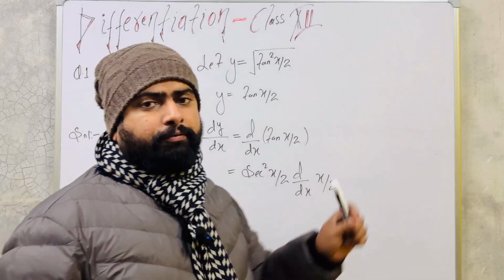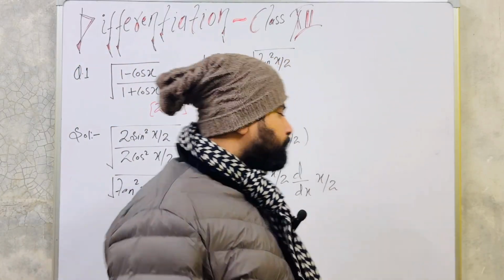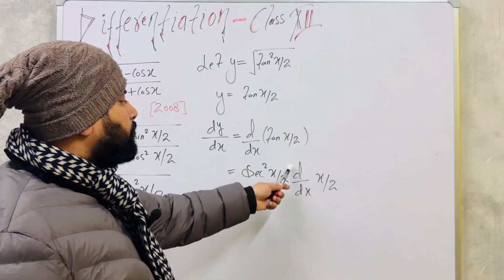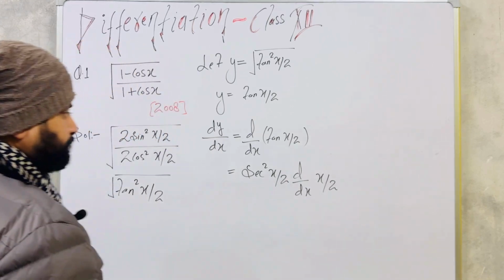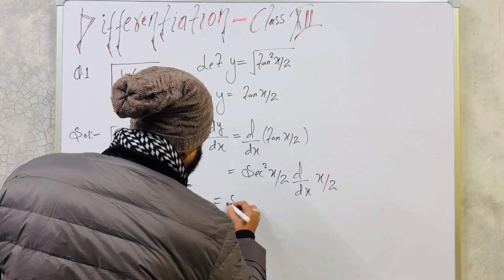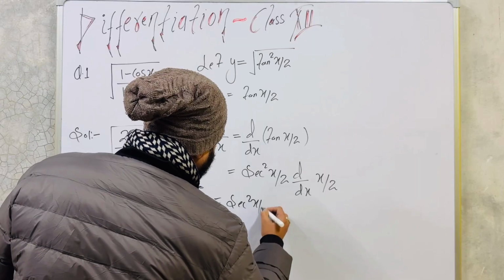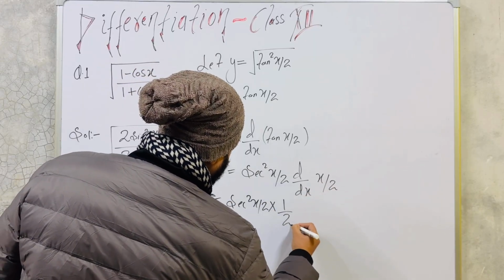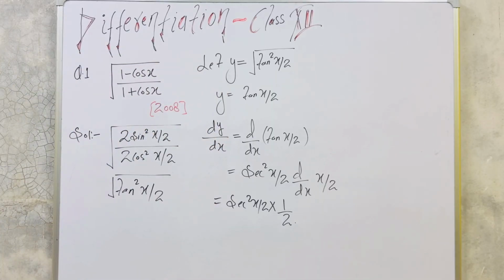The differentiation of tan x is equal to sec square x, so the differentiation of tan x by 2 is sec square x by 2 times d by dx of x by 2. Now the differentiation of x by 2 is 1 upon 2.